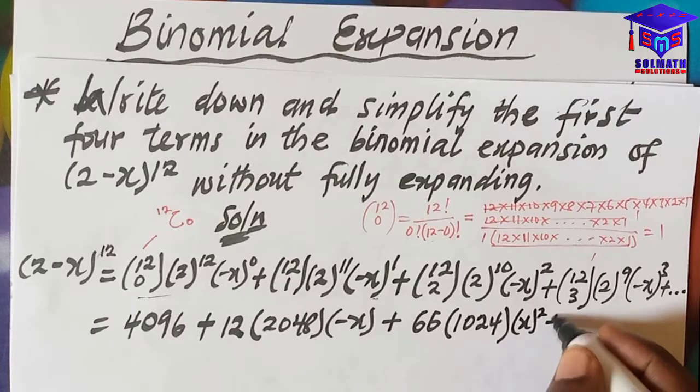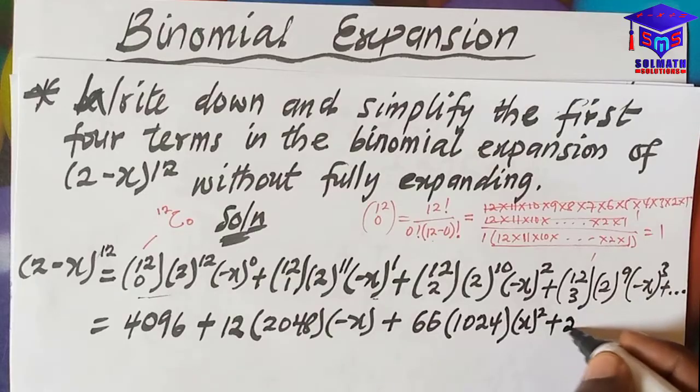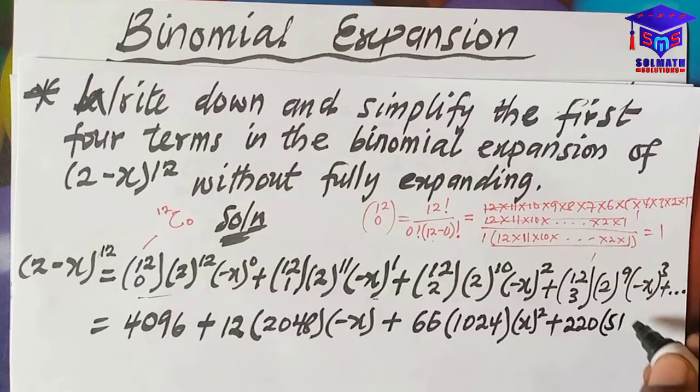Then plus 12 combination 3 will give us 220. You can check that with your calculator. And then 2 to the power 9 is 512, times negative x to the power 3 will give us negative x to the power 3, plus dot dot dot.